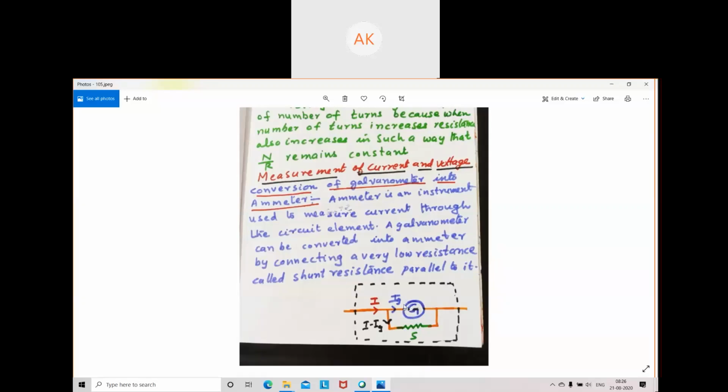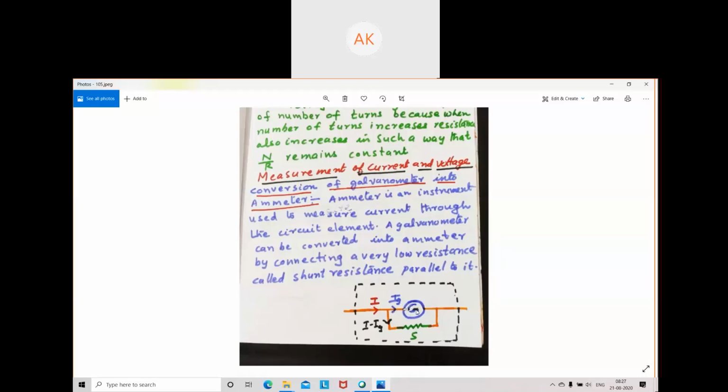Depending upon the value of the resistance, the current will flow through that. Suppose Ig is the current flowing through the galvanometer. And the shunt is a very small resistance, so depending upon this resistance, the remaining current will flow through that. I is the main current reaching here.